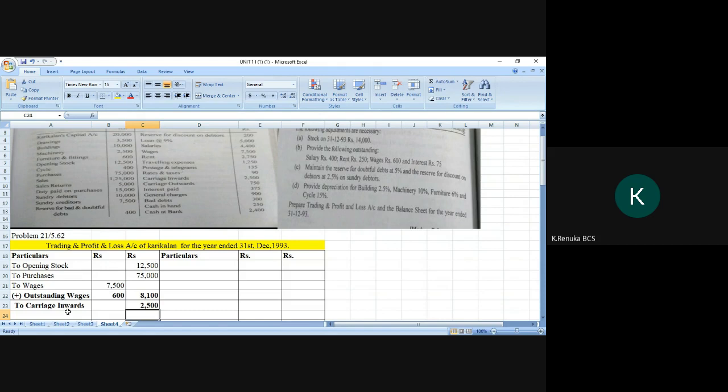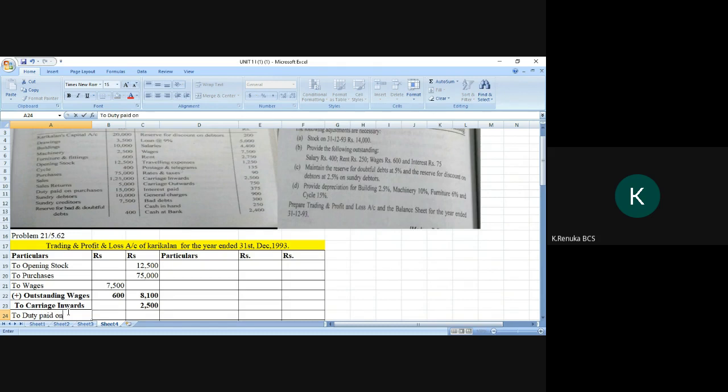And then after carriage inwards, again we need to check if any adjustments have been given. Here they have given duty paid on purchases. So we need to enter that, regarding the purchases they have paid some amount. That is the duty paid on purchases. Anything related to trading has to be recorded.